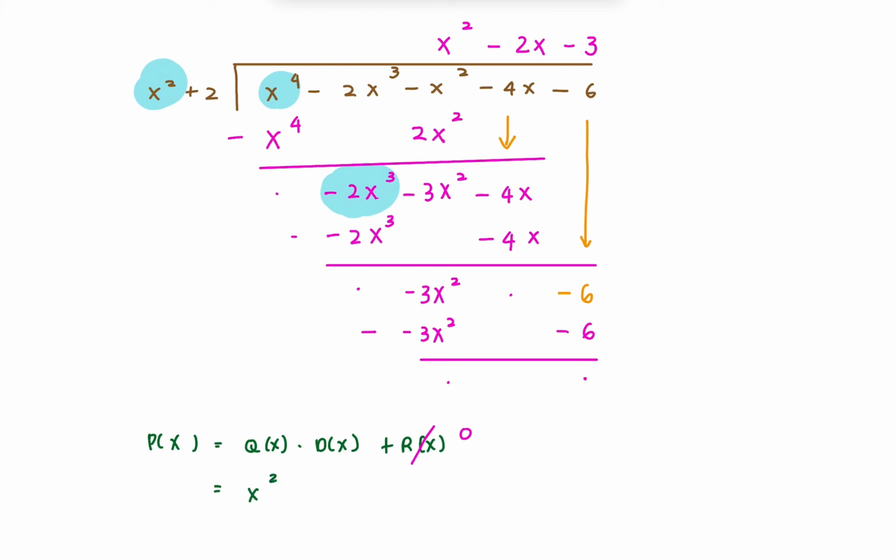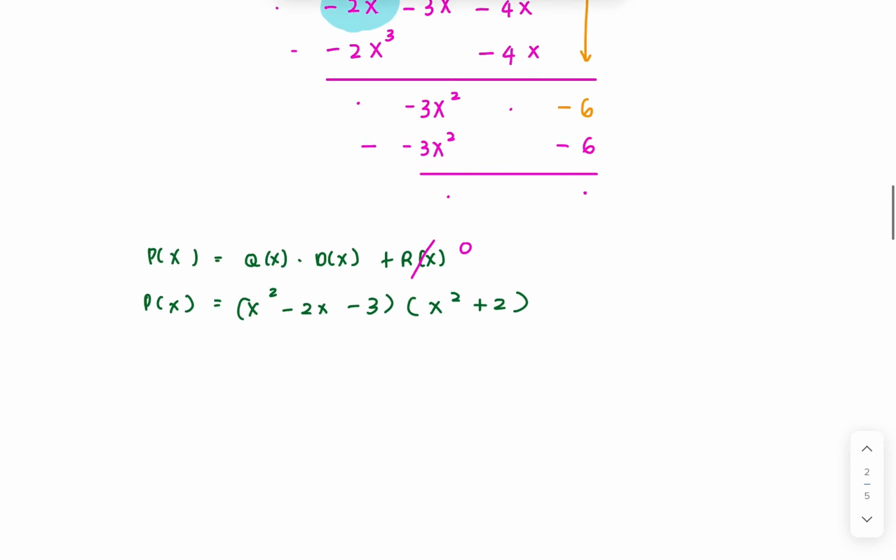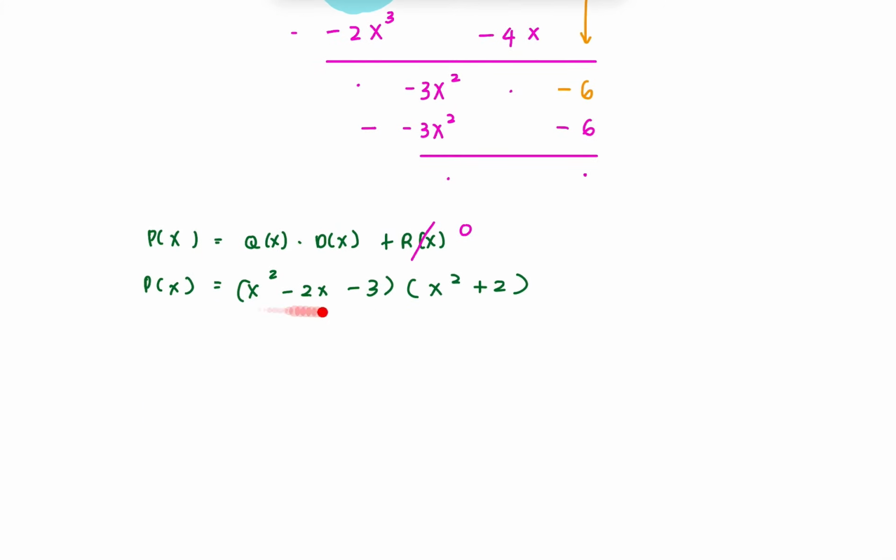Your divisor is x squared plus 2. Okay, this is your P(x). And then for this quadratic, you can just factor using a calculator. So what is the complete factored form? (x plus 1)(x minus 3) and (x squared plus 2). Okay, that is the complete factored form.